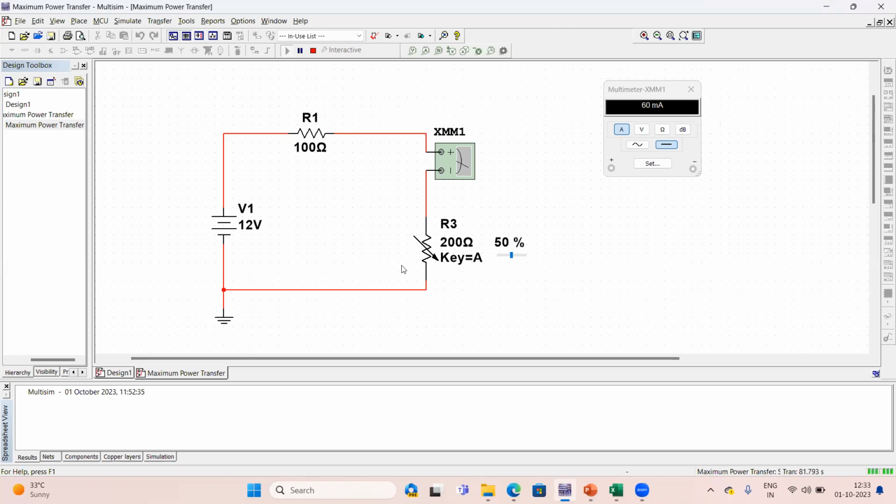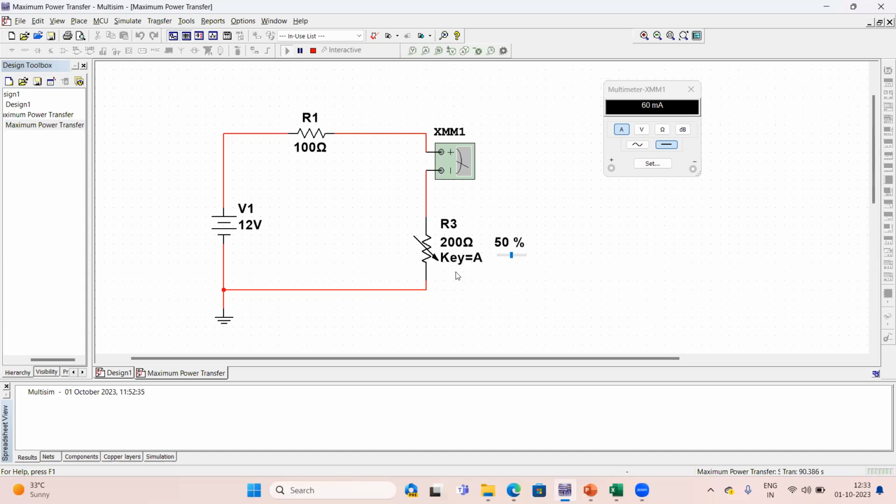At that time we can write RL equal to, if this is the 100 ohm resistance that you have connected externally, then the total internal resistance you can consider to be RS plus 100 ohm, and that RS plus 100 ohm will be equal to RL. This RS should normally be very small, but you can do this calculation accurately that way.